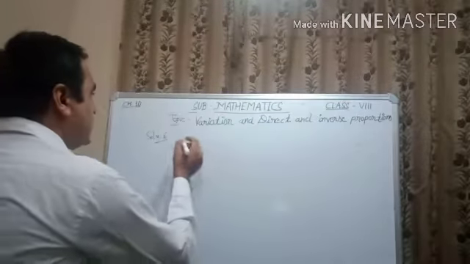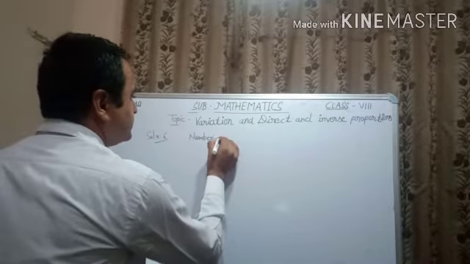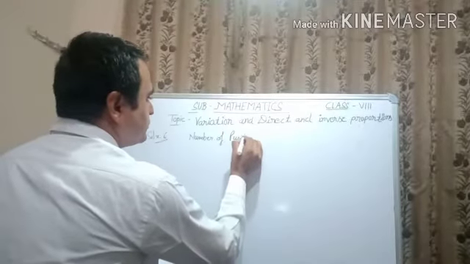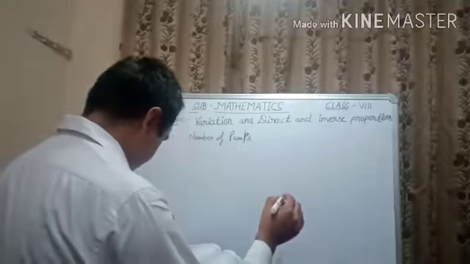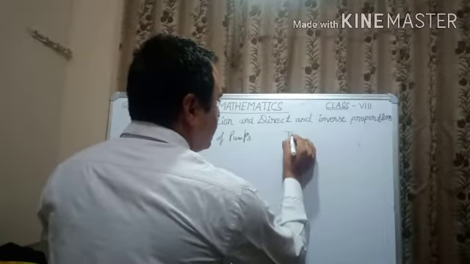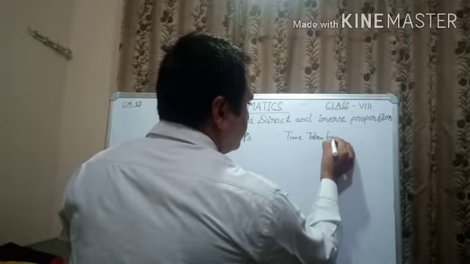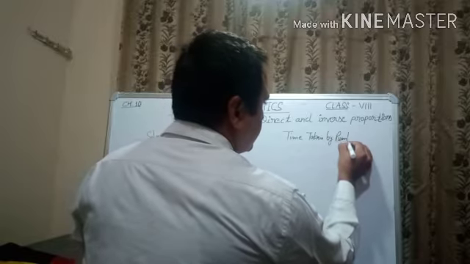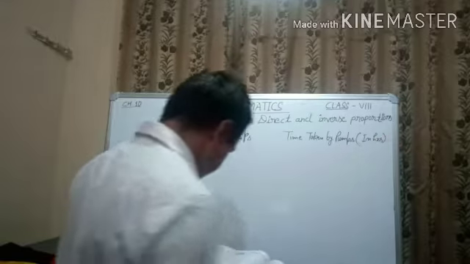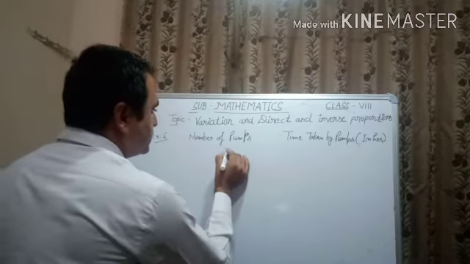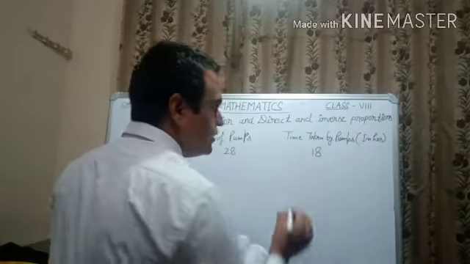First I write number of pumps, and here I write time taken by pumps, in hours. 28 pumps can empty the reservoir in 18 hours.